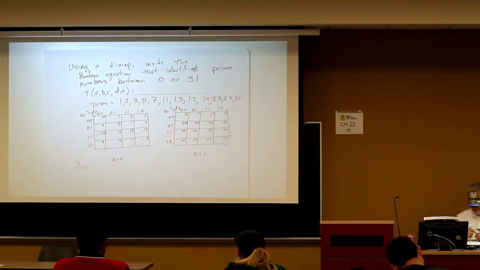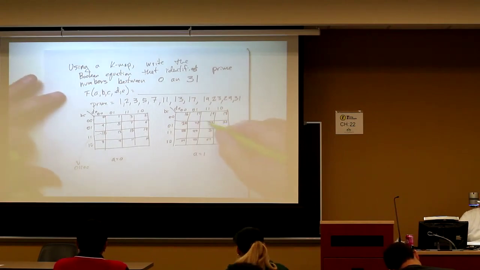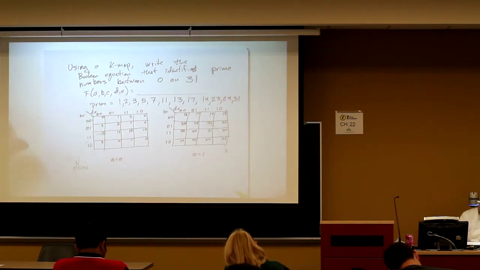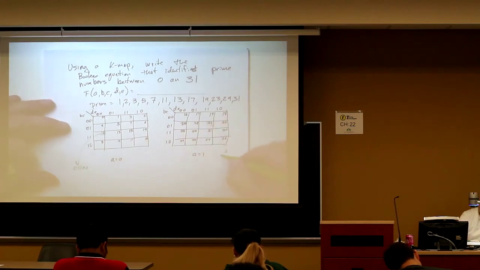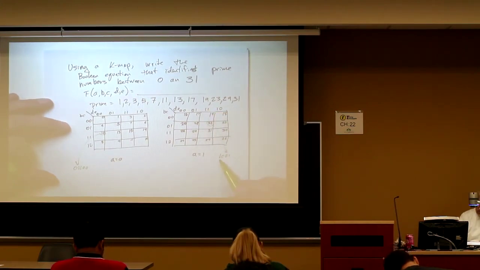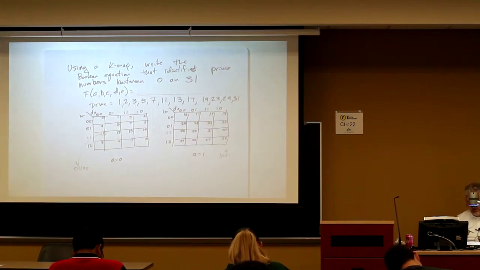And again, if you don't believe all of these, let's look at this one right here. That is, A is equal to 1, B is 0, C is 1, D and E are 1, 1. So I know that this 1 here means 16. These three right here is 7. 16 plus 7 is 23. Yep, that's what that is.